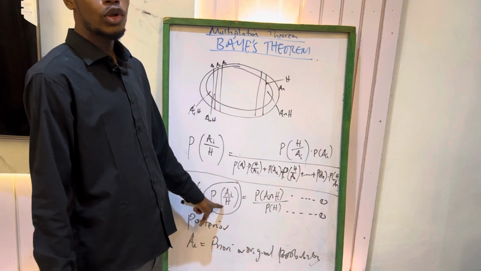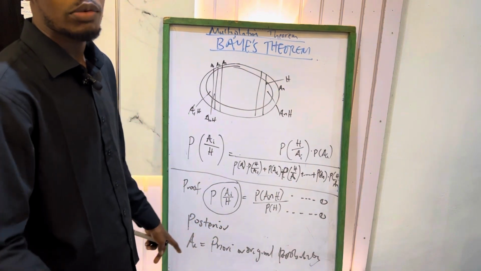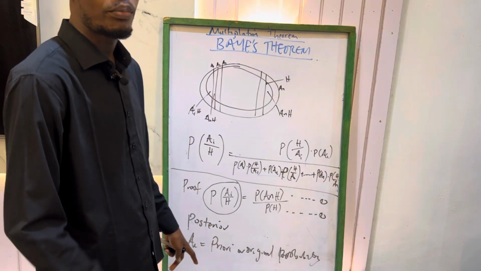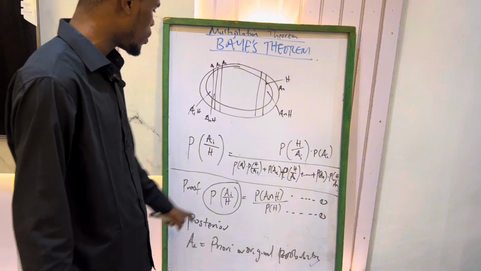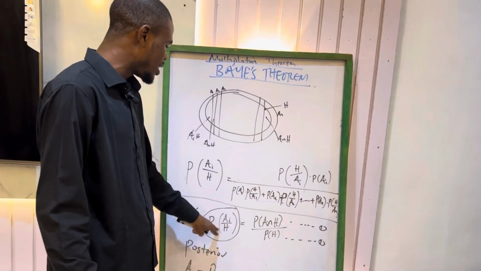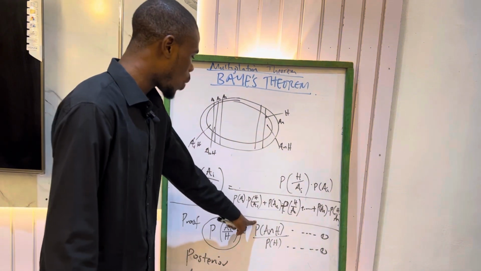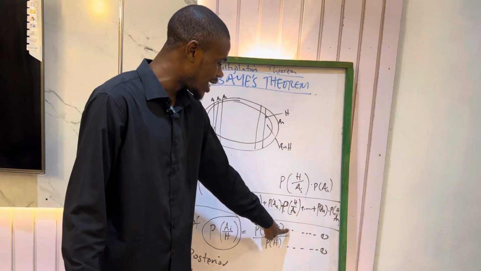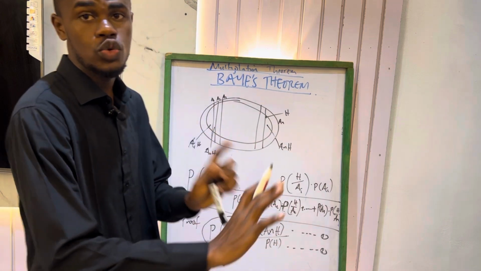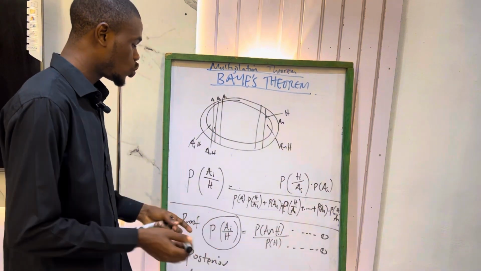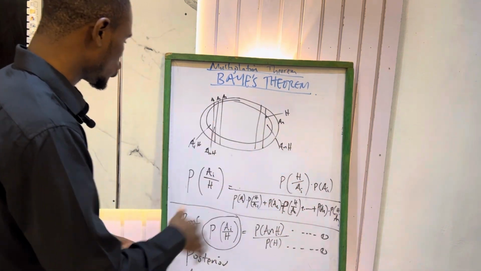This P(Ai given H) can also be called conditional probability. That posterior probability can also be called conditional probability. So when you multiply this and this together, you eventually get this. The one at the numerator is called joint probability. I just want you to be familiar with all these words. So we are diving straight into the deep.